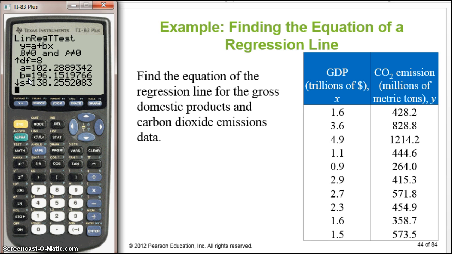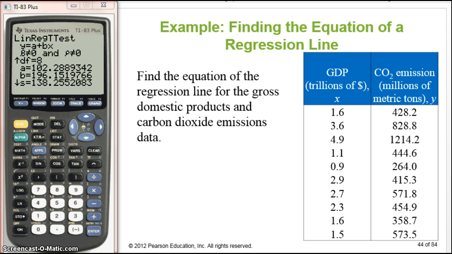So essentially they're giving you the equation of the best fit line in the same output. So really this best fit line is y equals 102.289 plus 196.152x.